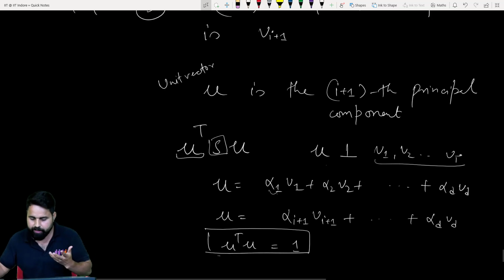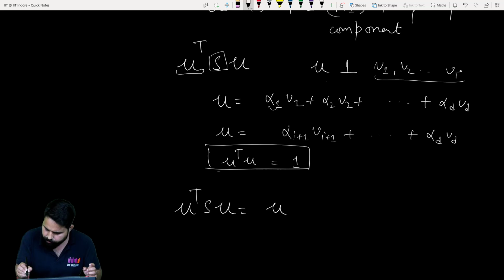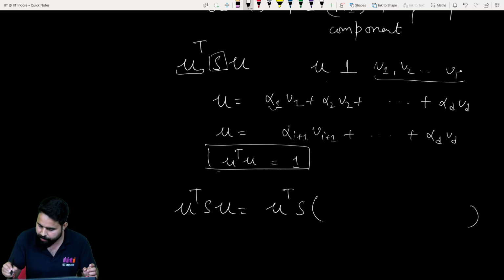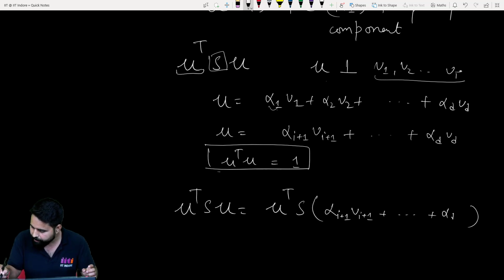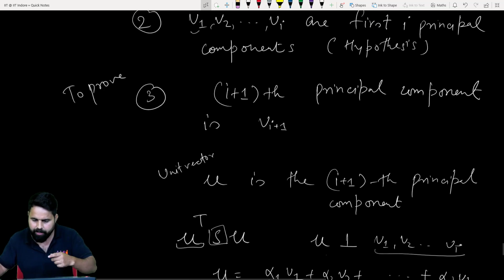Now let us compute U transpose SU like earlier, using the same trick: S times U, written as alpha i+1 Vi+1 plus up to alpha d Vd.